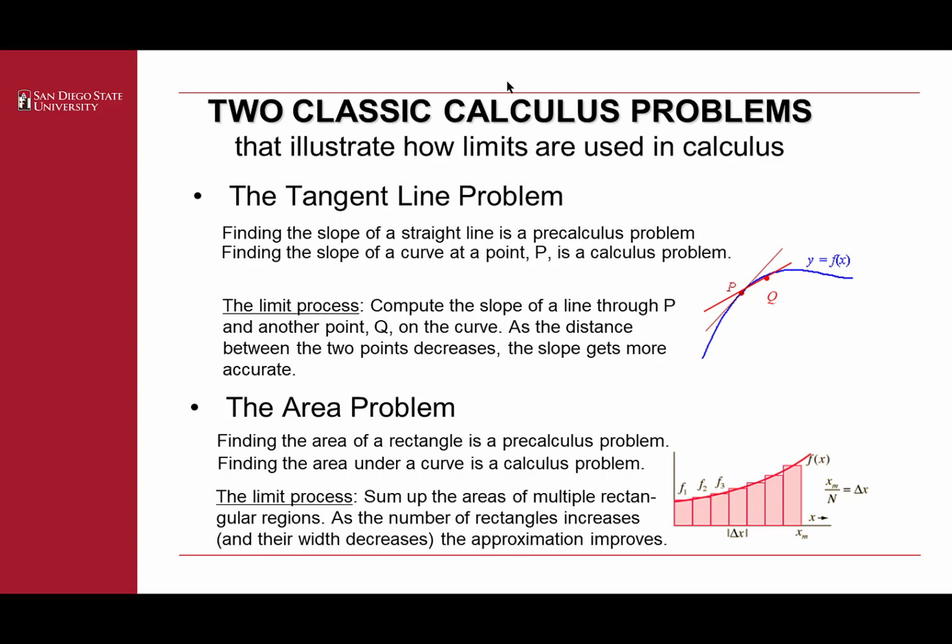And this is where the limit process is involved. Summing up the areas of multiple rectangular regions would help us to estimate this area under the curve. As the number of rectangles increases and their width decreases, the approximation of this area would improve.